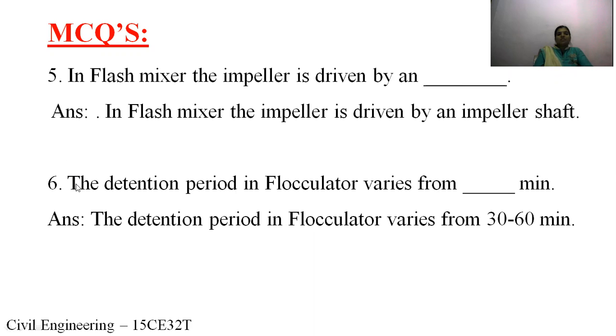Next question. The detention period in flocculator varies from dash minutes. The detention period in flocculator varies from 30 to 60 minutes. Flocculation is done for around 30 to 60 minutes.